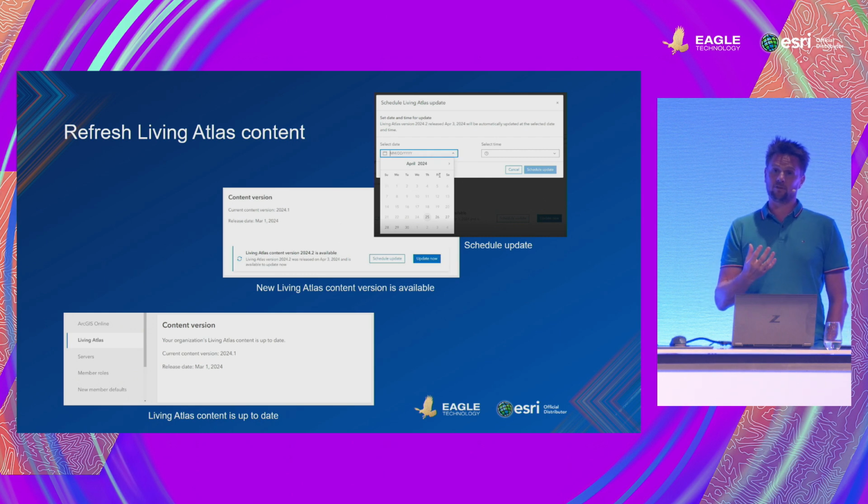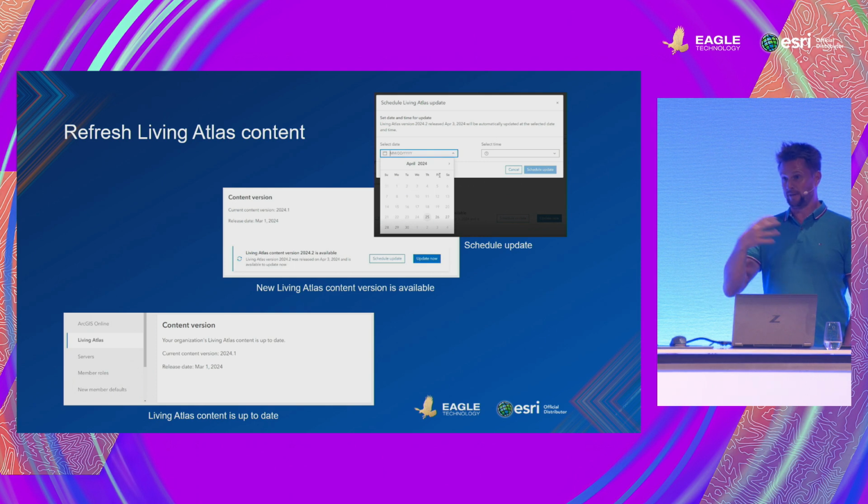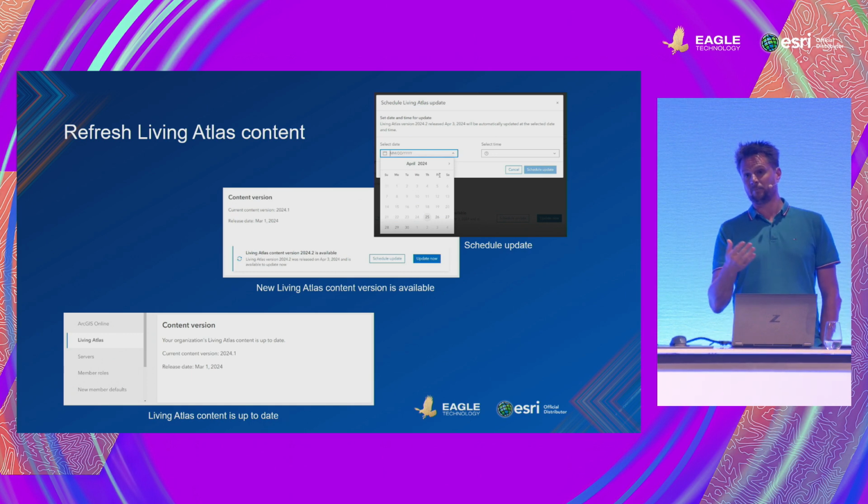Now you will be able to add packages to Living Atlas with updates, and you can even set them to be updated at a specific time once it's available. So from an Eagle and from a New Zealand perspective, we'll be looking at how we can best use that for all the content that we are publishing, but also you are publishing to Living Atlas.